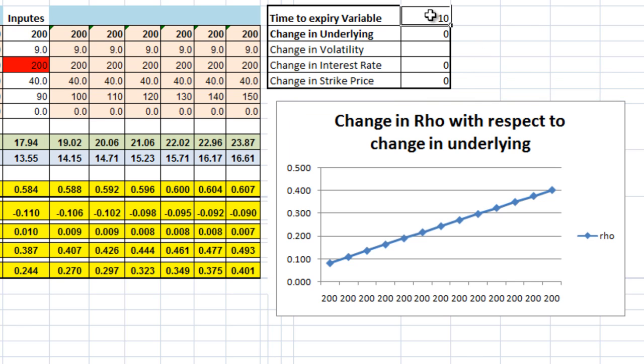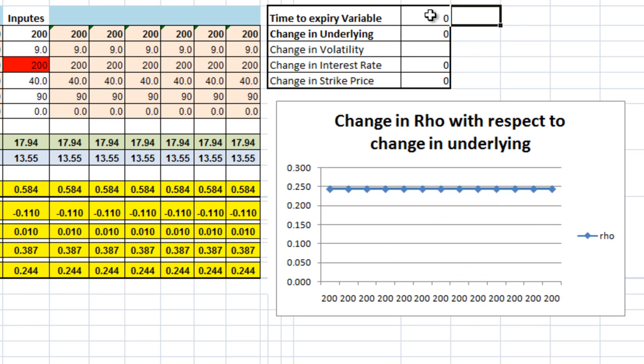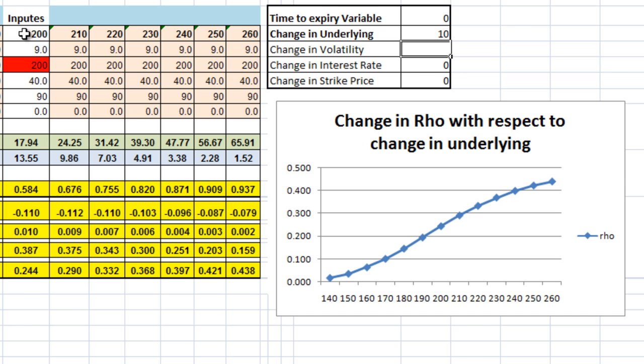What happens if the underlying value changes? All the other factors remaining the same, I change the underlying value. Now, the option contract which I bought for $200 is now more in the money if price goes to $260, or let's say as the price increases.